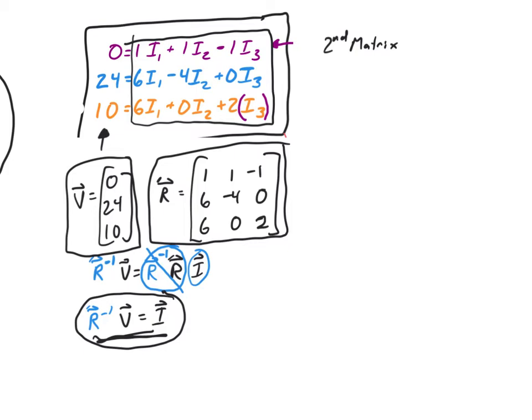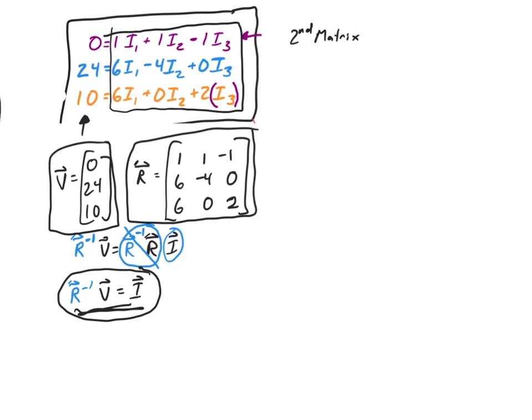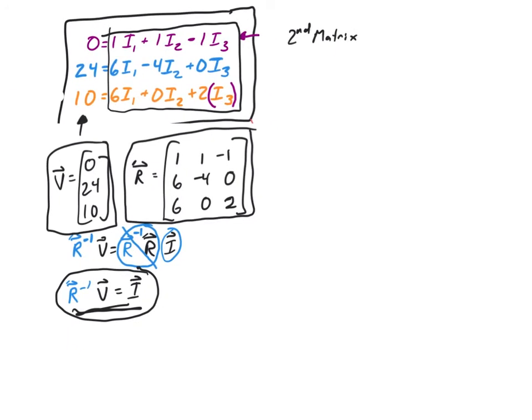When I do, I get a list of options, names, math, edit, and I'm going to move the cursor over to edit. And I'm going to select matrix A. Matrix A is going to be my resistor matrix.